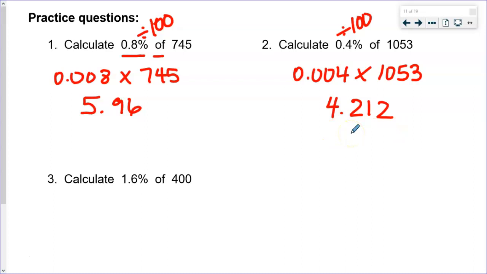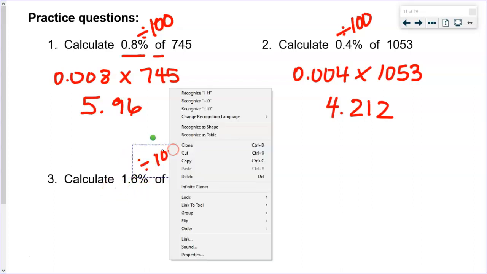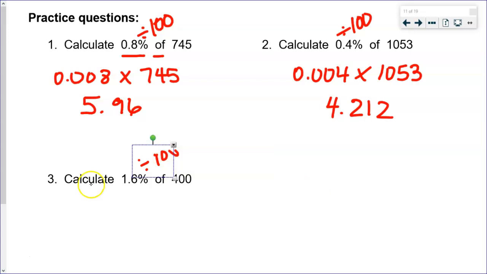And then the last one is higher than 100%, still a decimal, going to continue to do exactly the same thing. Right. All right, so now we're going to move this over 2 spots, and we're going to get 0.016, and we're going to times that by 400, and that gives you 6.4. All right, so 1.6% of 400 is 6.4.